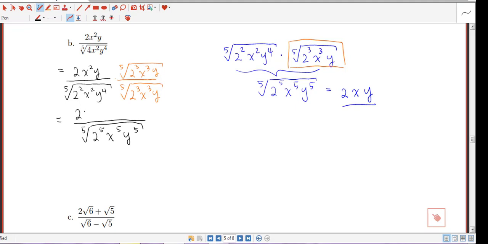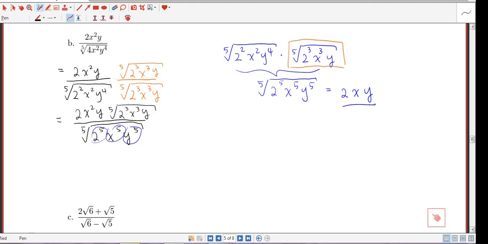And on the top, let's just leave it alone: 2x squared y, and then fifth root of 2 to the third, x to the third, and a y. Okay, now let's take a look at the denominator. Remember these guys can all go outside of the radical now. That's exactly what we did over here.